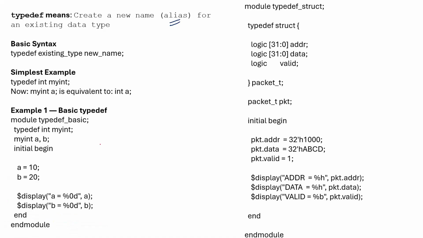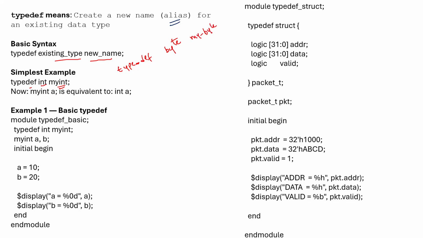With typedef, you write the existing name and then the new name you want. For example, typedef int, and my int is the user defined name. Then you can write anything. Typedef byte, where byte is the existing data type, then you can write my byte.